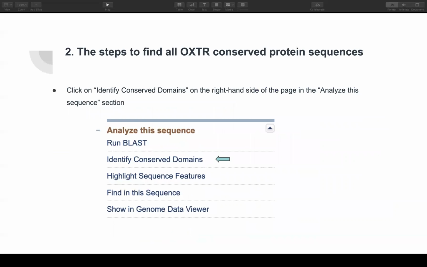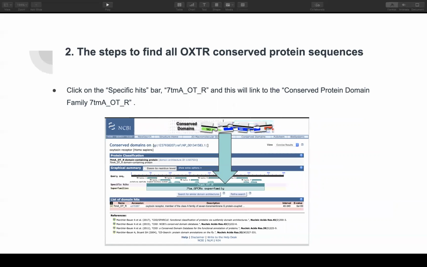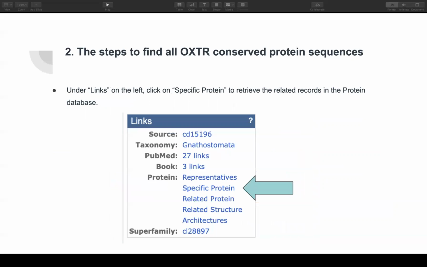And when we hit in the result, we can see on the right under analyze the sequence, choose identify conserved domains. And then we are going to hit on the specific hit search bar to link to the conserved protein domain page. And then on the link on the left, we choose specific protein.